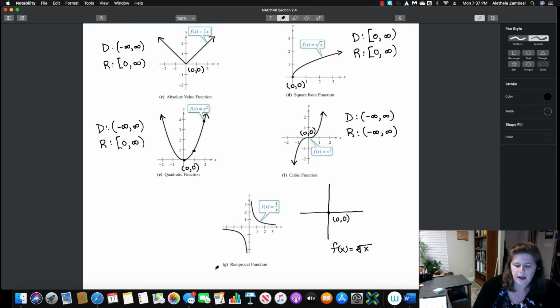And if you look at the square function and its relationship in shape to the square root function, you notice that the square root function is like the square function, just kind of tipped over and only the top side. The cubic function and the cube root function are kind of similar in shape, where one is tipped over. So the cube root function comes in from the bottom, is shaped kind of like a cubic, just laying on its side. So here is the cube root function. Domain and range, both negative infinity to infinity.